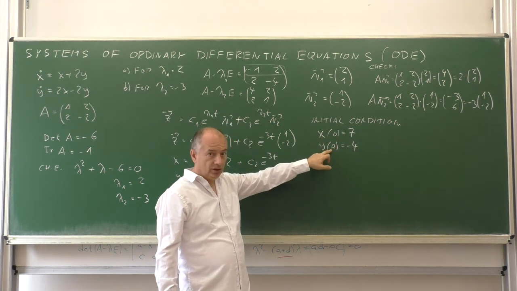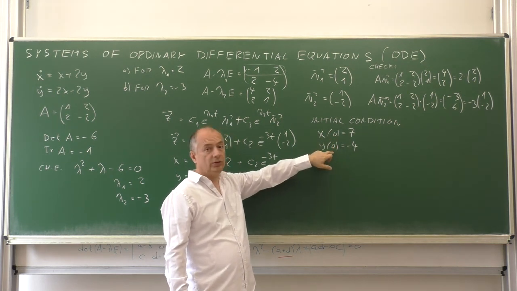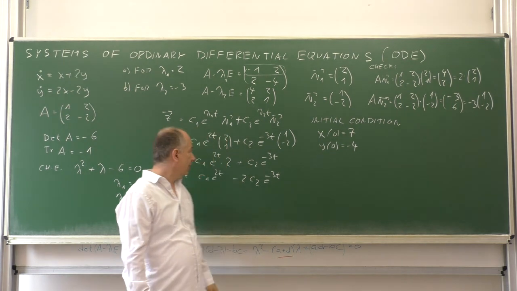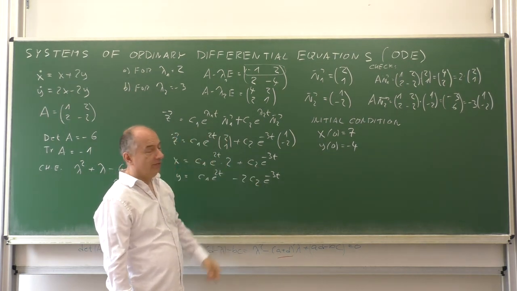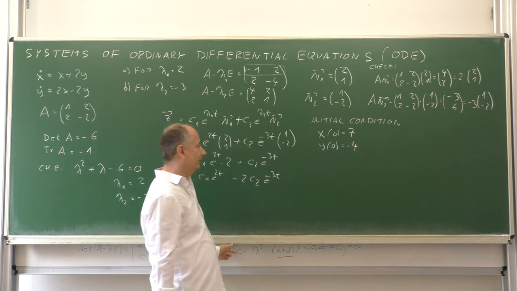This value 0 for t is very nice, because then e to 0 is 1, right? This is a very nice value to work with.